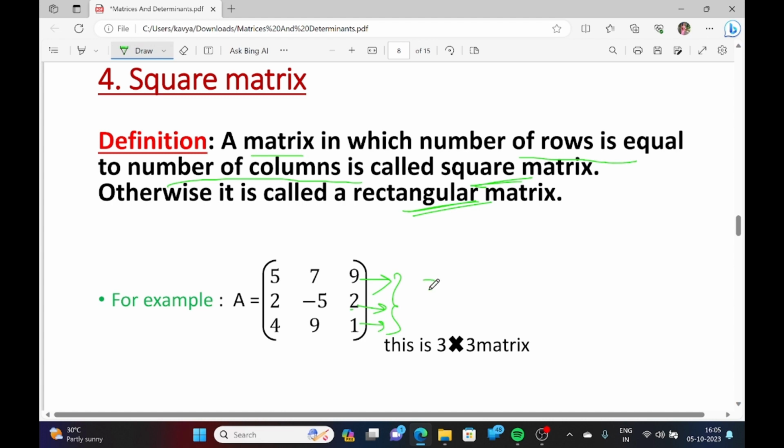There are 3 rows. Here 3 columns are there, right? So this is called a square matrix. That is 3 cross 3, 4 cross 4, 5 cross 5. These are all examples of square matrices. Have you got it?